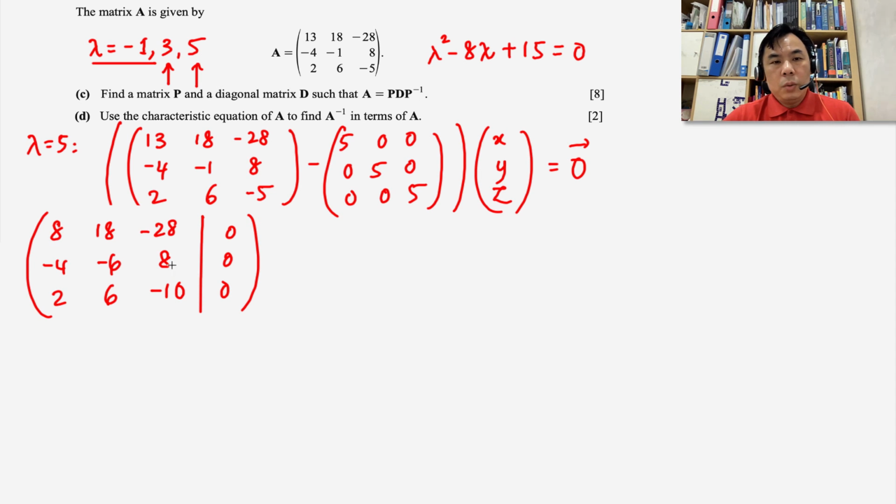And then of course we can simplify that. So I'm going to simplify that by 2, which gives 4, 9, negative 14. And then this one I can simplify by negative 2 also. So 2, 3, negative 4. Simplifying by 2 is 3, negative 5 here.